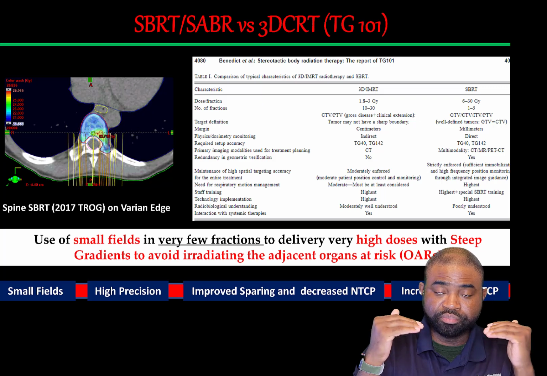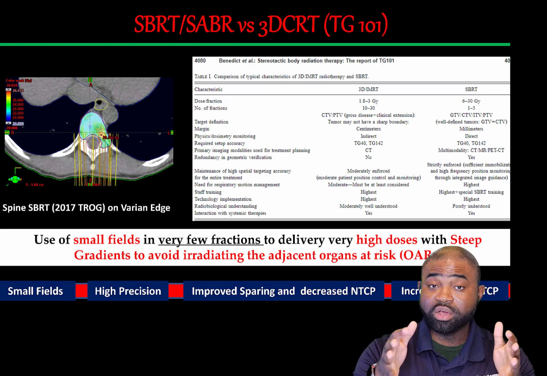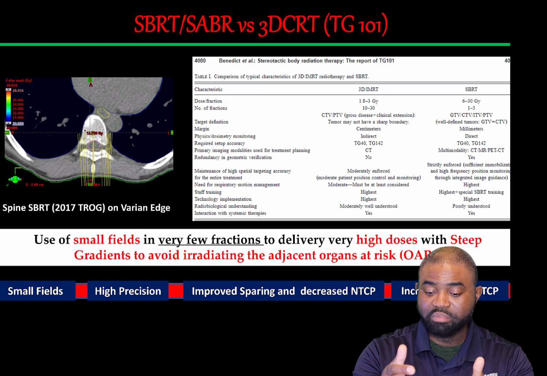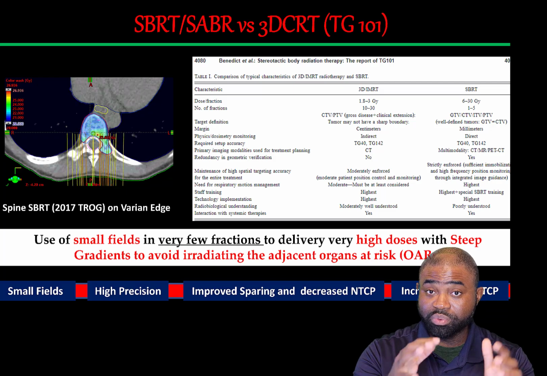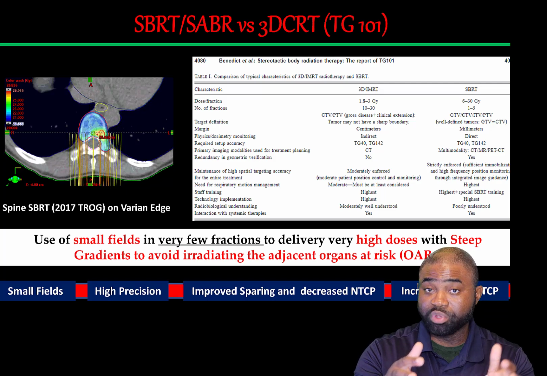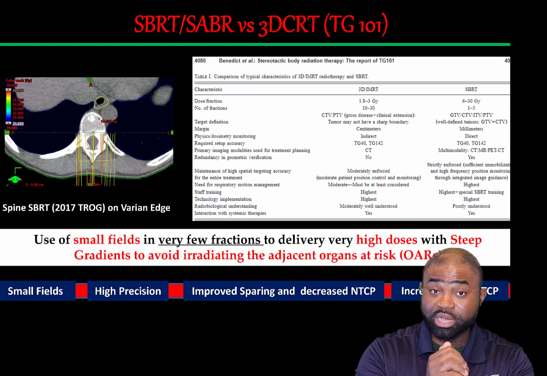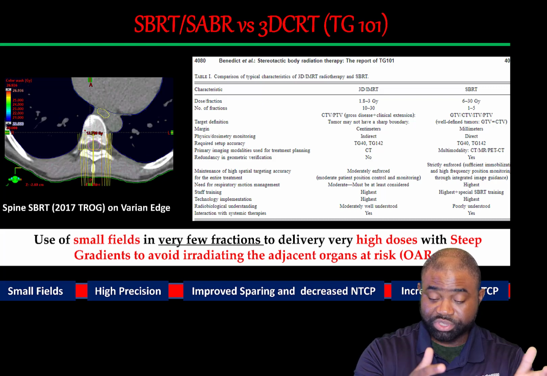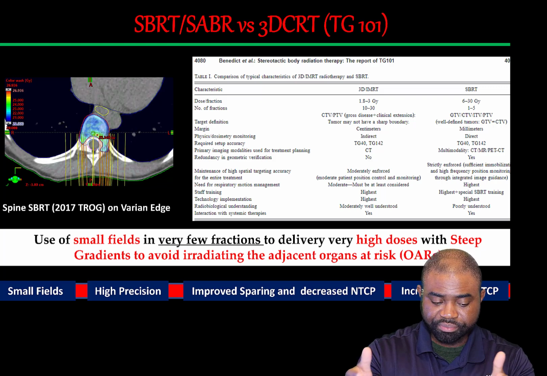Now, regarding the need for motion management, it's moderately applied in conventional cases, but it is a must for stereotactic radiosurgery, and we will talk about motion management in one of the parts in this series. And yes, radiobiologically, conventional radiation therapy is very well understood, but stereotactic procedures are not very well understood.